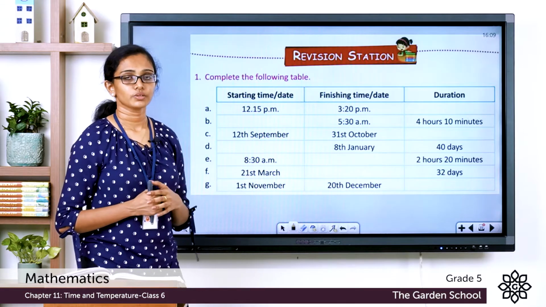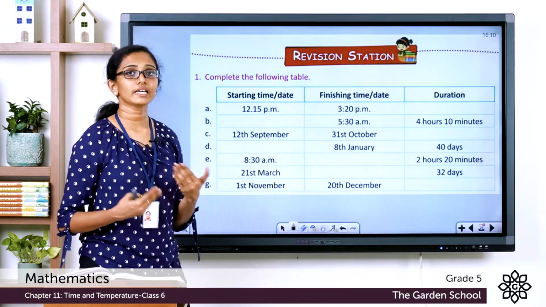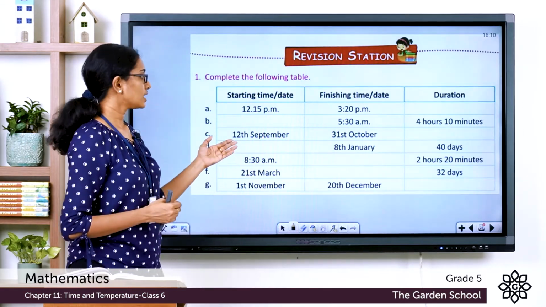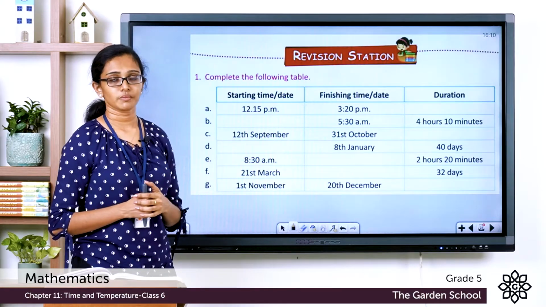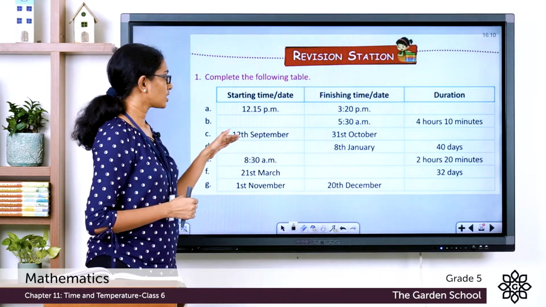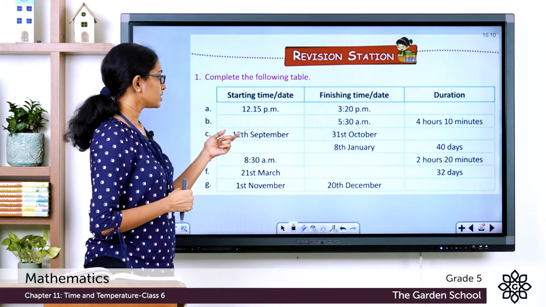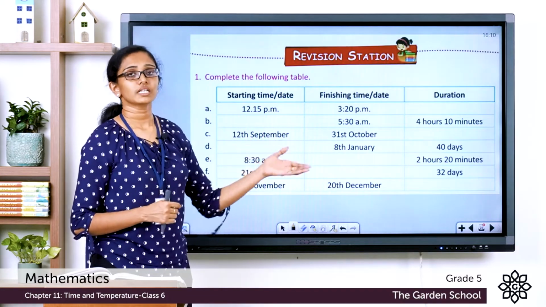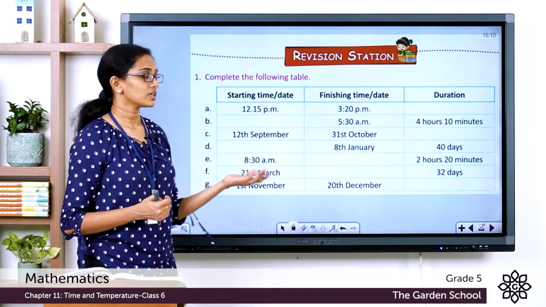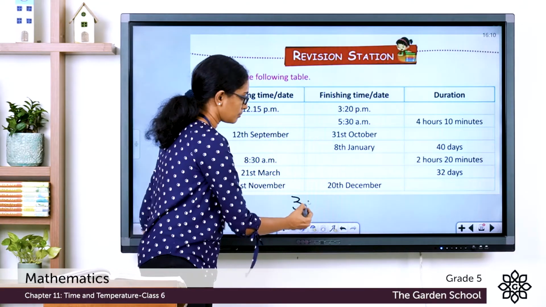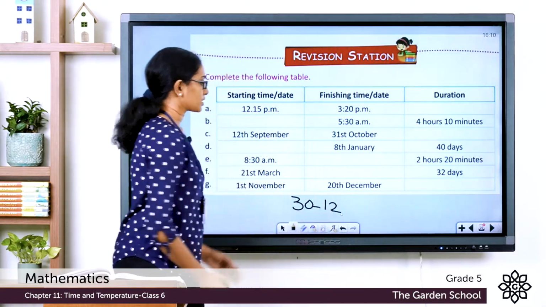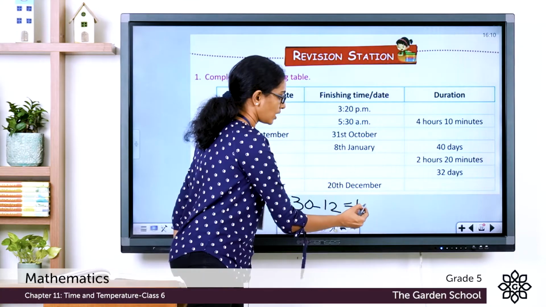To find the duration, first think of how many days are there in September. There are 30 days in the month of September. To find how many days are there from 12th September to 30th September, just subtract 30 minus 12, which is equal to 18.